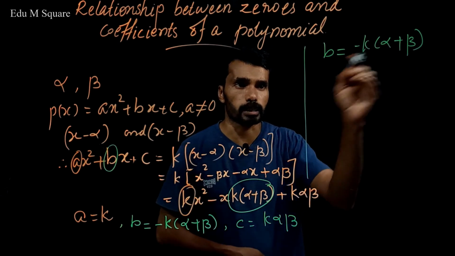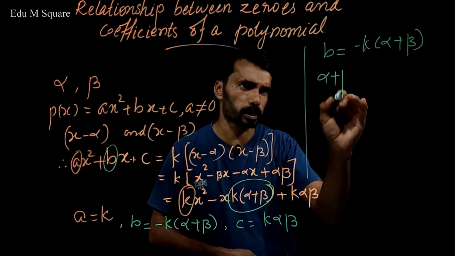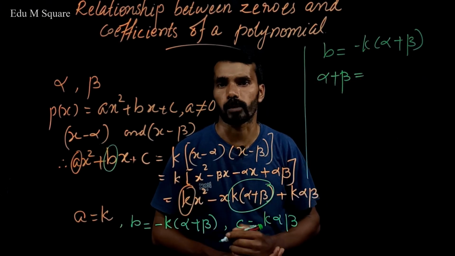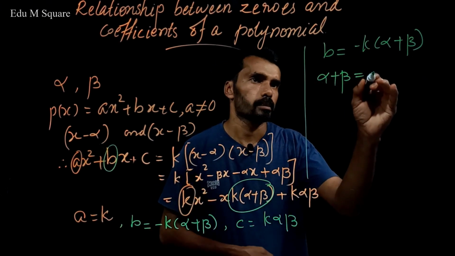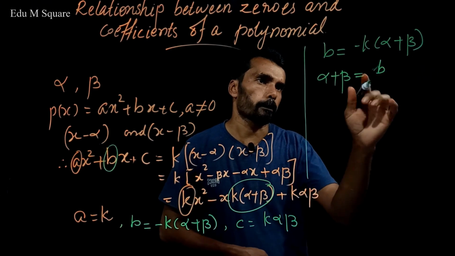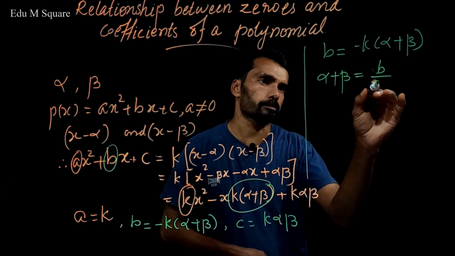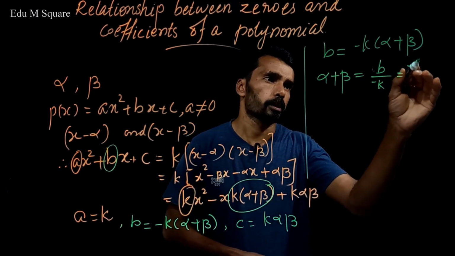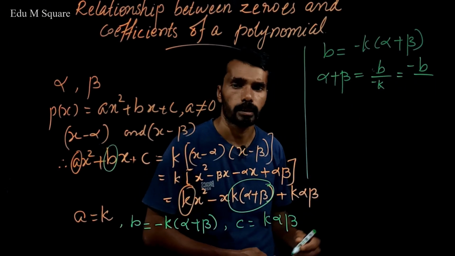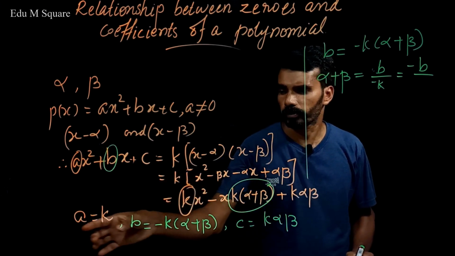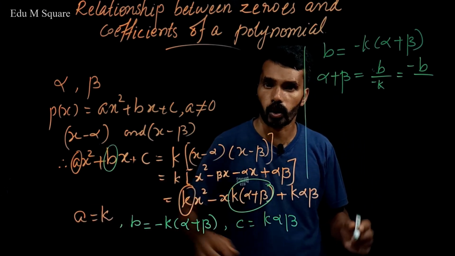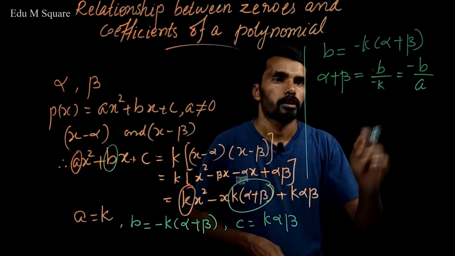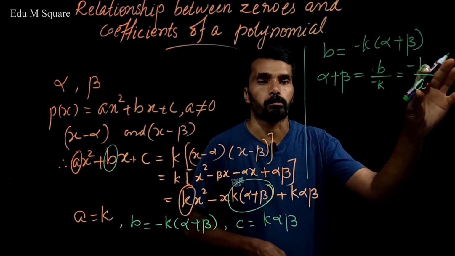Now the sum of the zeros, or alpha plus beta, is equal to, we take this minus k to the left side of the equal to sign, so we get b by minus k, that is minus b divided by k. Now from the first, a is equal to k. So for k we put the value a. So alpha plus beta is minus b by a.